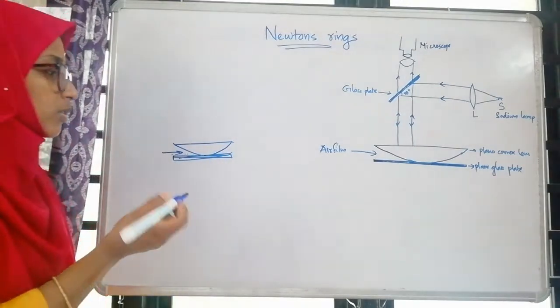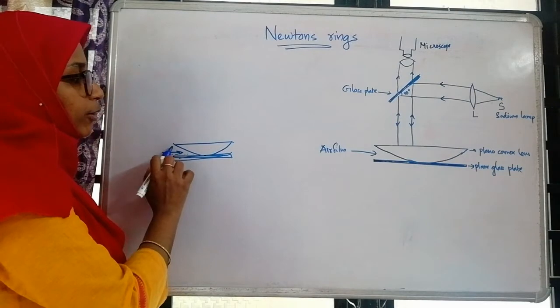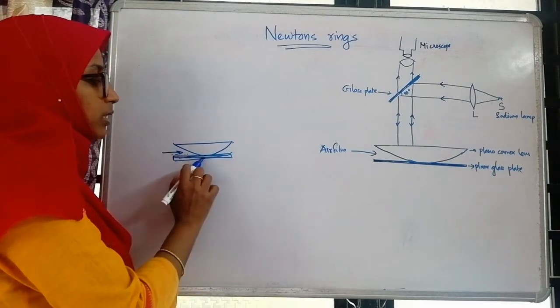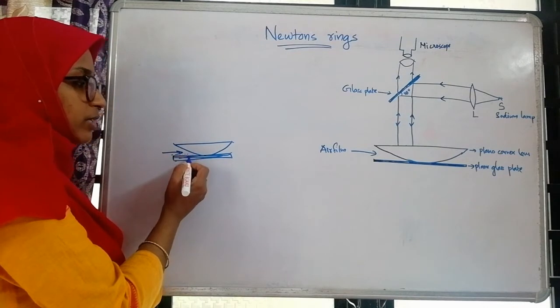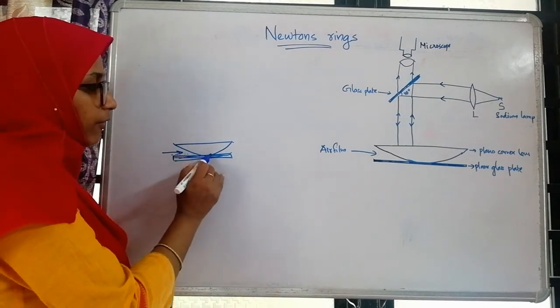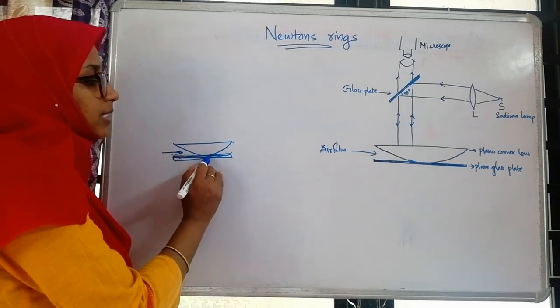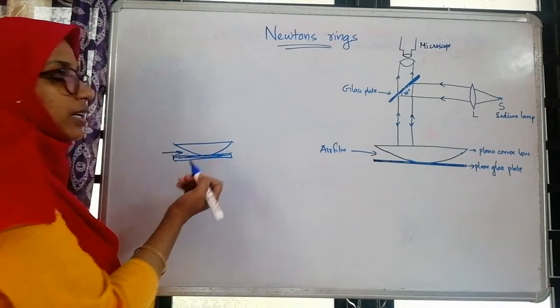So a plain glass plate is placed here, and a plano convex lens is placed above this plain glass plate, and then an air film is forming in between these two components. The thickness of the air film increases when it moves to the right and left end, and it is minimum at the center.